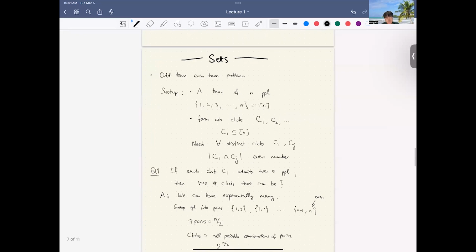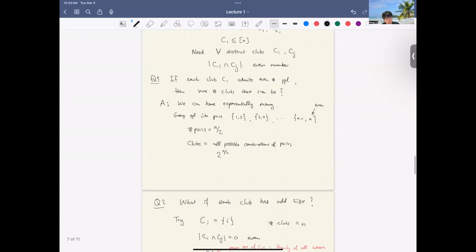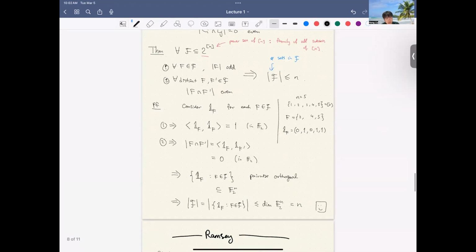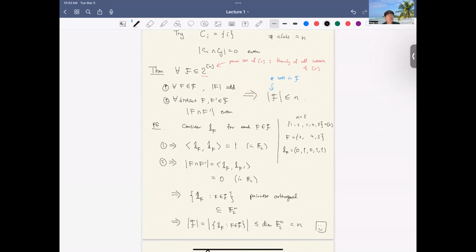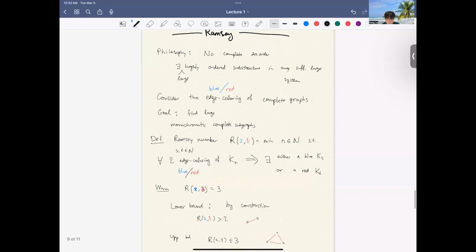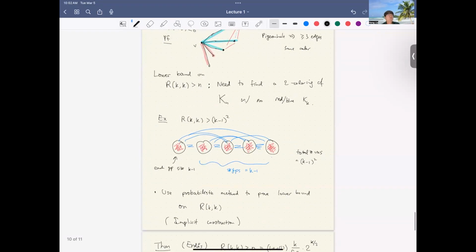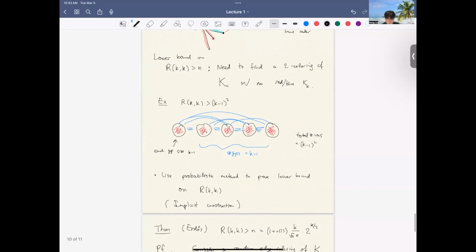Then we reviewed a different discrete structure, sets, and used, somewhat surprisingly, linear algebra to prove some interesting combinatorial statements. And at the end, we saw a different type of method using probability that could give us a very good lower bound on the Ramsey number.